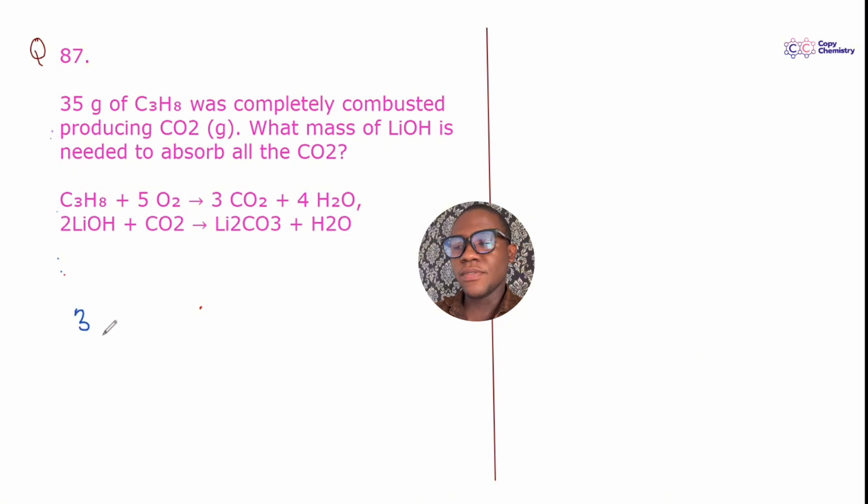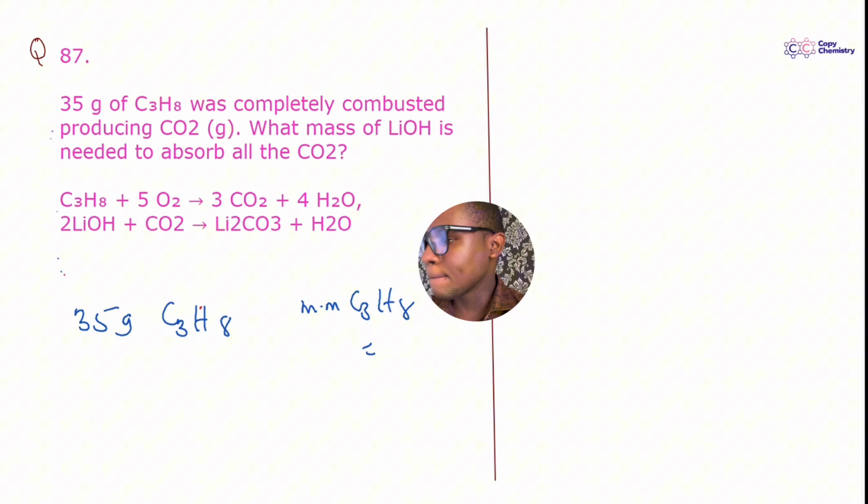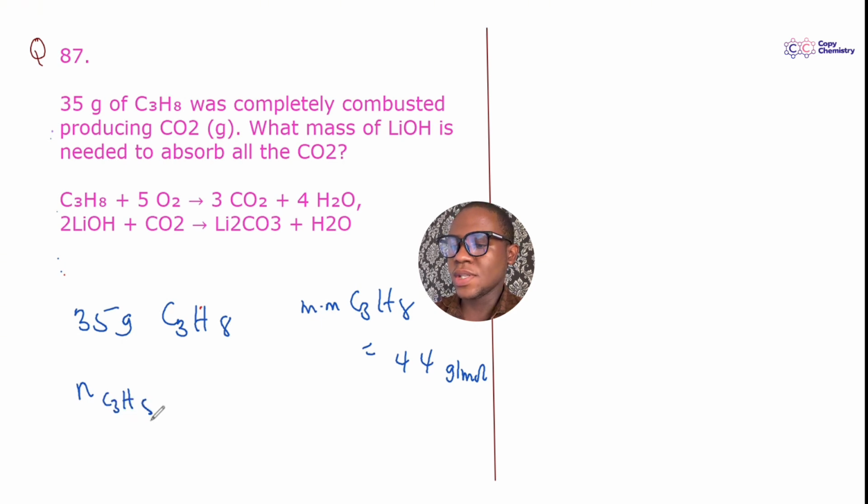Since we have 35 grams of C3H8, and the molar mass of C3H8 is equal to 44 grams per mole, that just means that the number of moles of C3H8 we're starting with is actually 35 divided by 44.